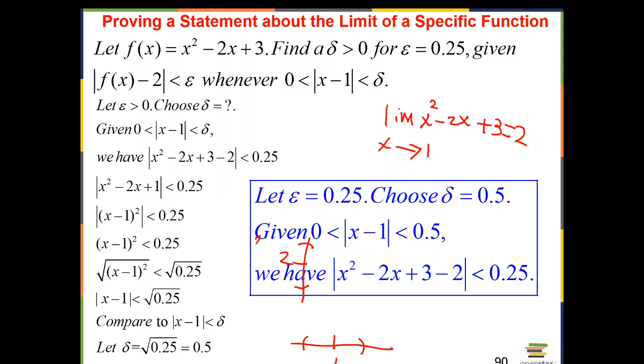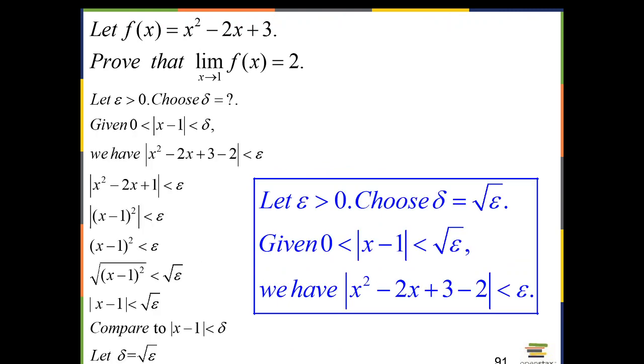So y values would be between 2.25 and 1.75, right? So basically, if you stay within 0.5 of 1, y values will stay within 0.25 of 2.